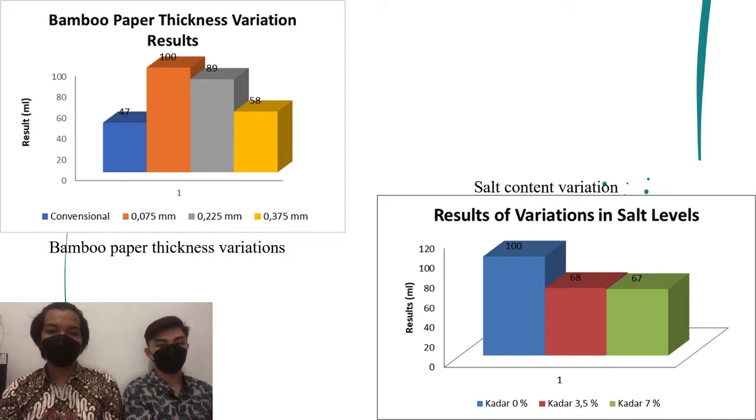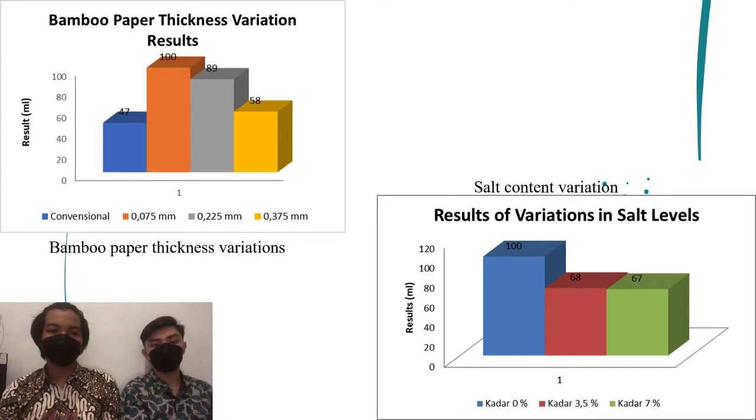In this variation, it can be concluded that the evaporation and condensation process works optimally. The volume of 0.075 mm on the surface of the absorber plate is smaller so that the evaporation and condensation process works optimally.